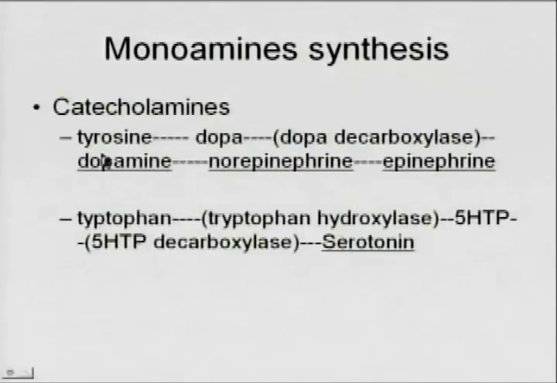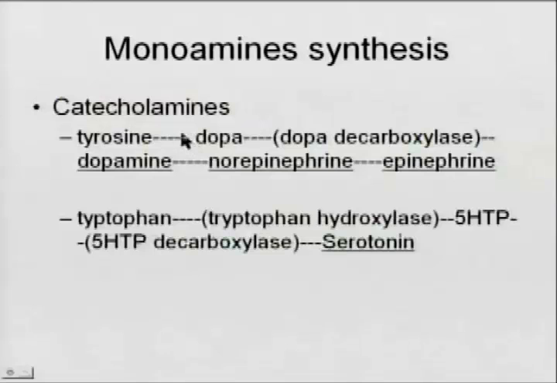Continuing then, dopamine is produced, enzymatically converted to norepinephrine, enzymatically converted to epinephrine, and we'll look at this in detail in just a moment. As well, we'll look at the biosynthesis of serotonin from tryptophan. Misspelled. Oh, goodness gracious. Tryptophan hydroxylase is the enzyme here. And the one here is tyrosine hydroxylase.